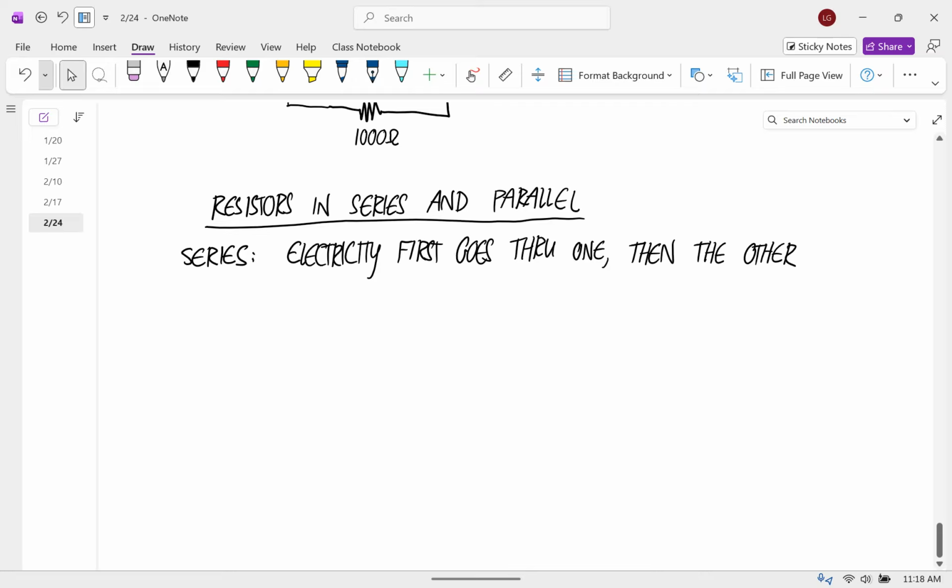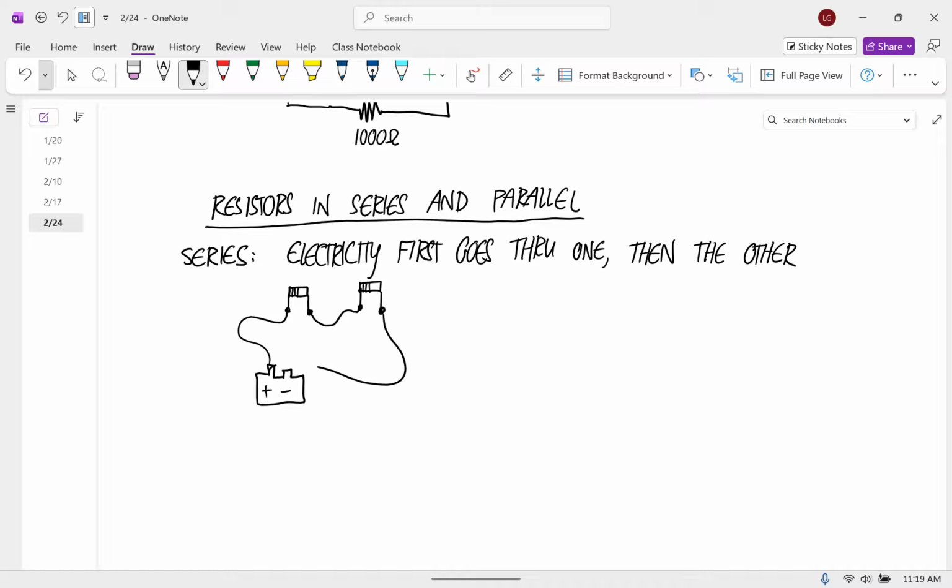So an example of this would be, let's say we have the battery, and it connects to a resistor, and then a wire connects that to another resistor, and then to the negative terminal of the battery.